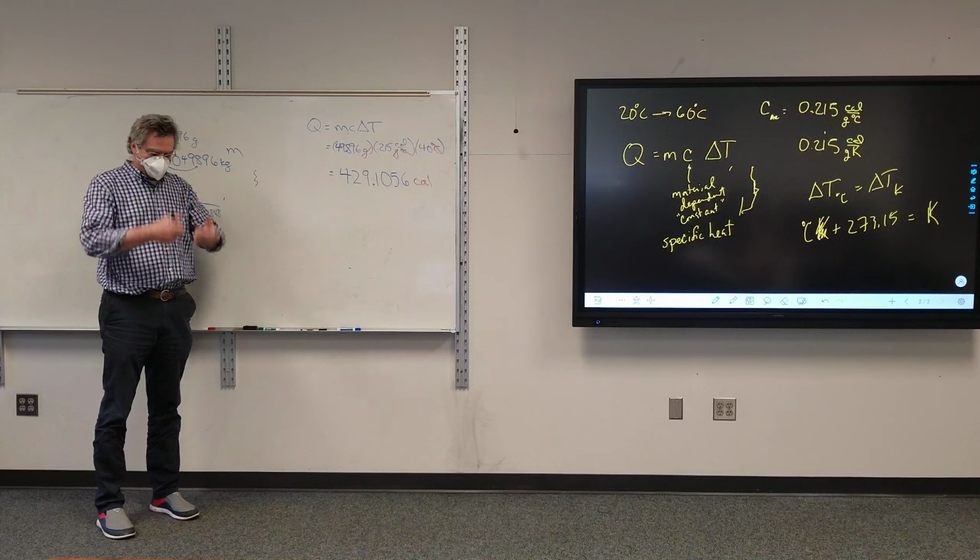And I've got 429 calories there. So let's convert. Basically, you're multiplying 429.1056 times 4.186.